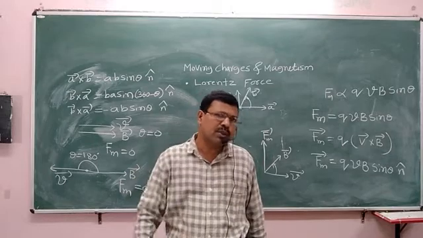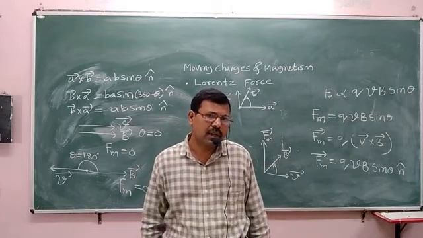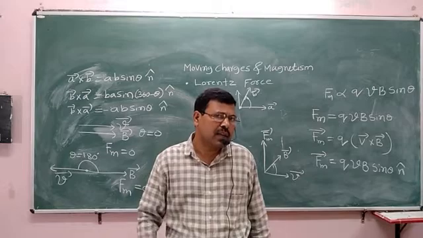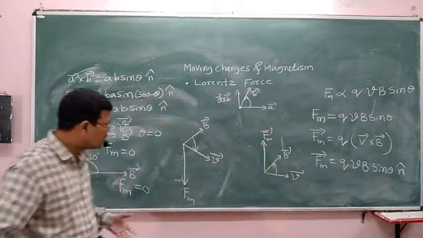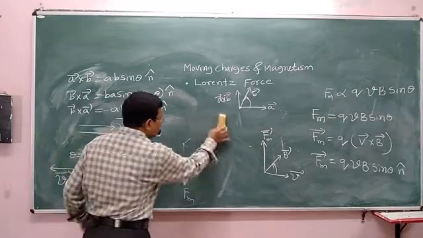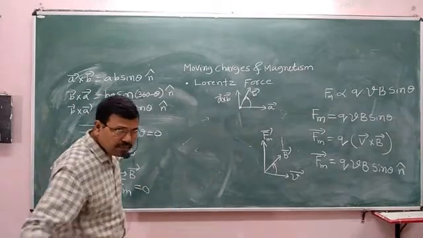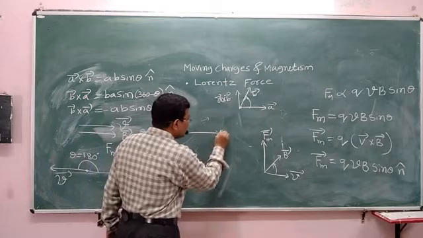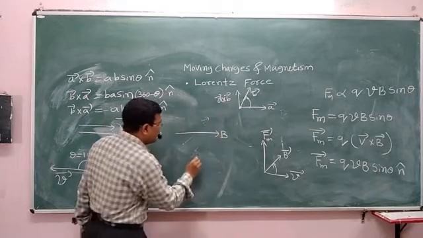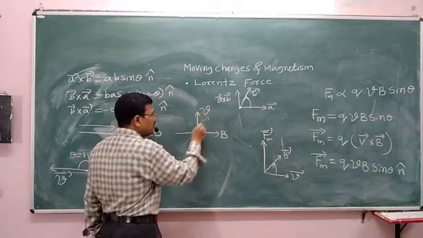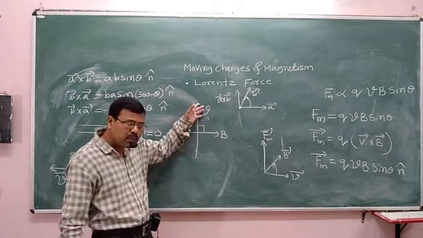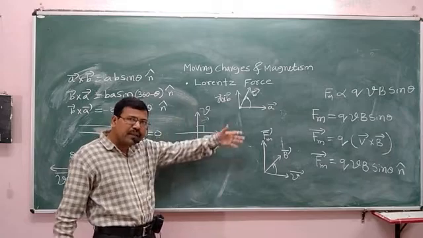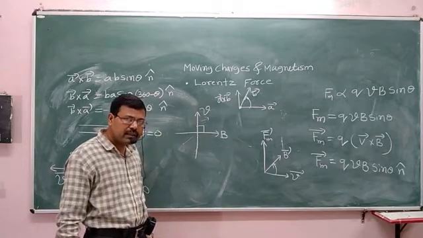Yes, what happens to the path of the charged particle when it is moving perpendicular to the magnetic field? Say for example, this is the magnetic field and like this, the charged particle is moving. The charged particle is moving perpendicular to the direction of the magnetic field.